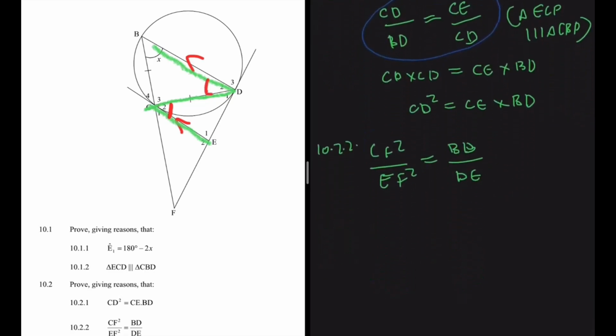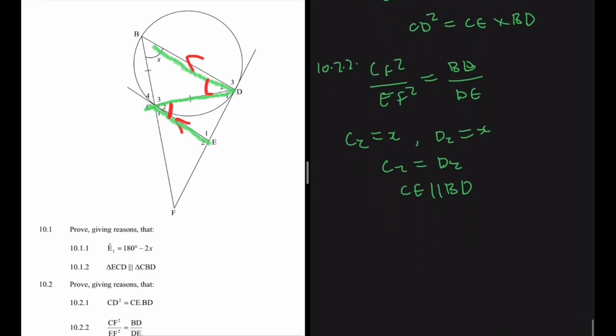And then guess what? That's true because C2 is equal to X, and then D2 is also equal to X. So C2 is consequently equal to D2. So by saying that, we've basically proved that CE is parallel to BD, right? Because we have those alternate angles being equal to each other, right?